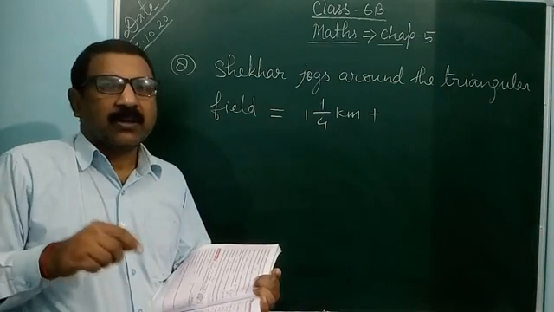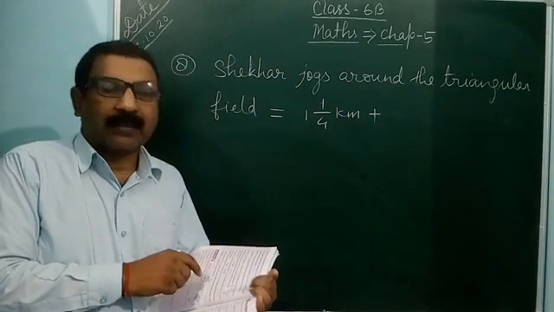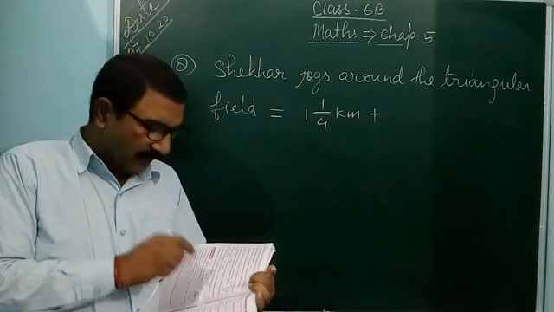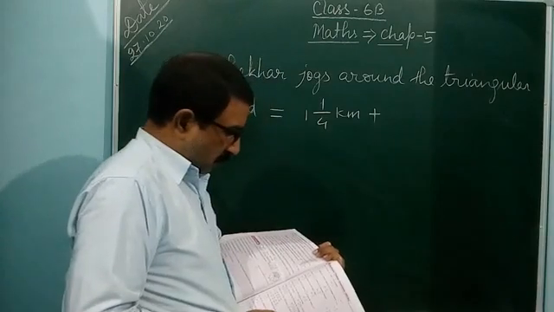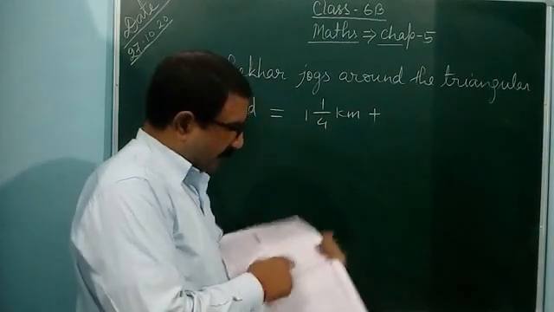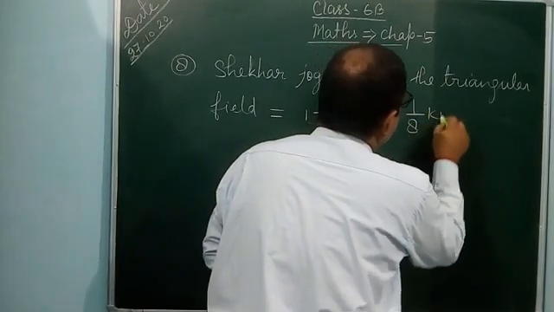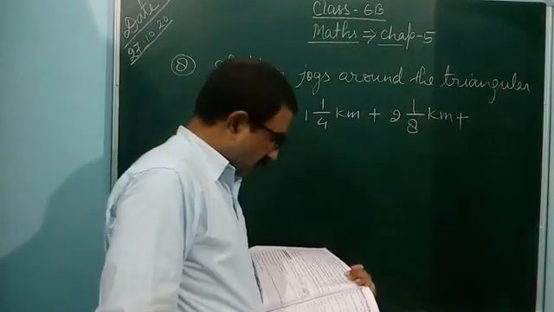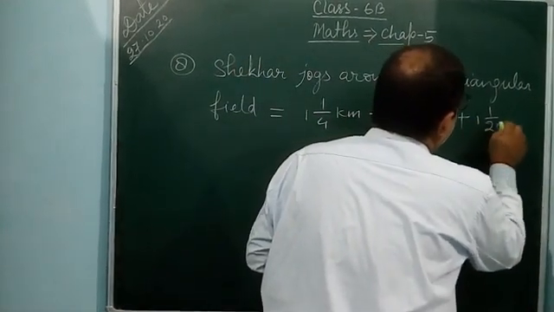As all three sides of the triangle are given, you add together 1 and 1 by 4 kilometer plus 2 and 1 by 8 kilometer plus 1 and 1 by 20 kilometer.